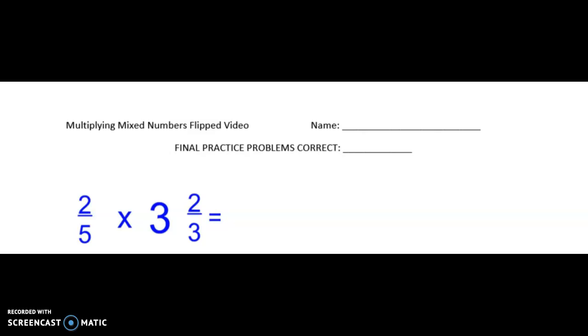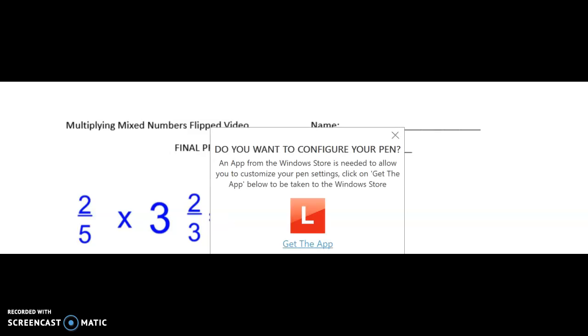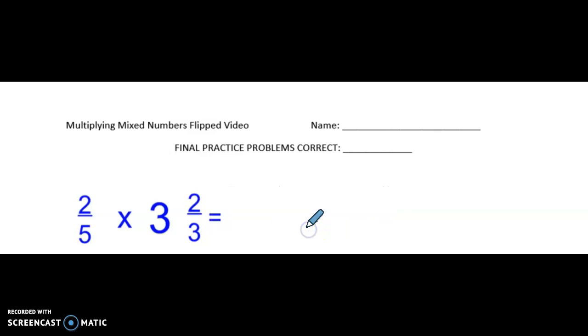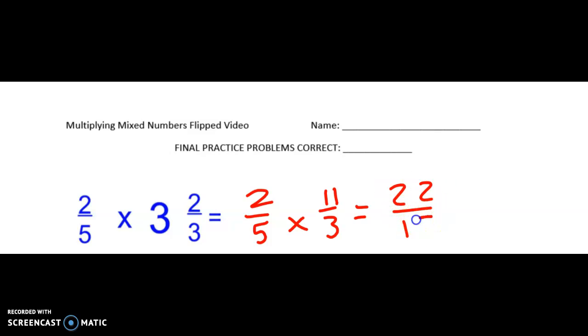Okay, so for your first answer, you're going to have 2/5 times the improper fraction of 3 times 3 is 9, plus 2 is 11/3. So when you go and solve this, you're going to have 22/15.